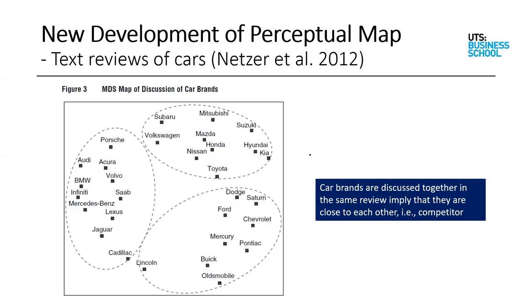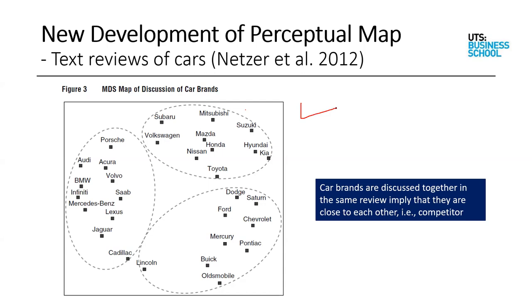And this is what they set out to show in this study. They studied all the reviews of the cars and then plotted all the brands of the cars that were discussed together in the reviews by using multidimensional scaling.